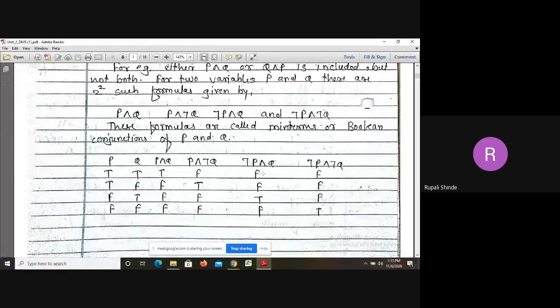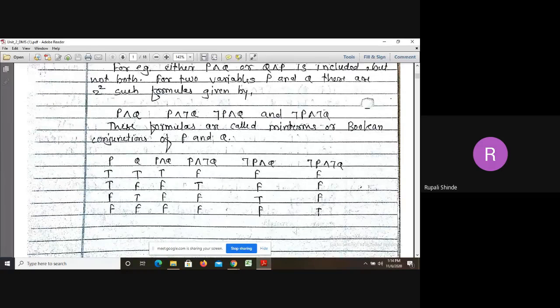So its column becomes FFTF. And the next one is negation P and negation Q. Here we have to take negation of both P and Q. We will get the final value T only where negation P is FFTT and negation Q is FTFT. So only for the last row we will get TT. That's why the final value is T.